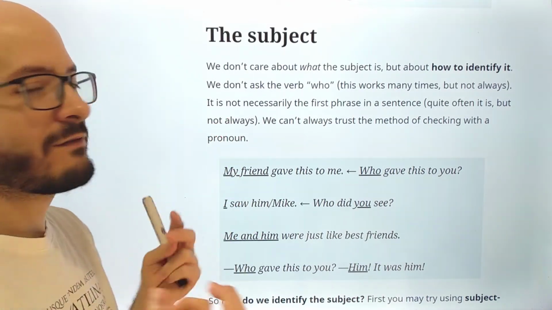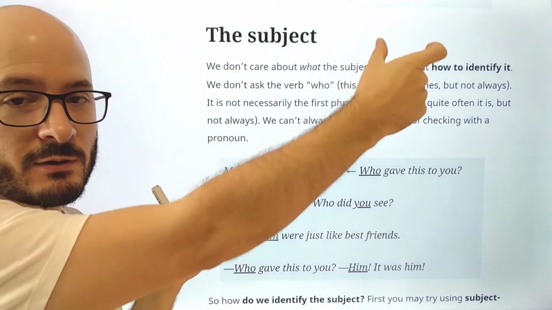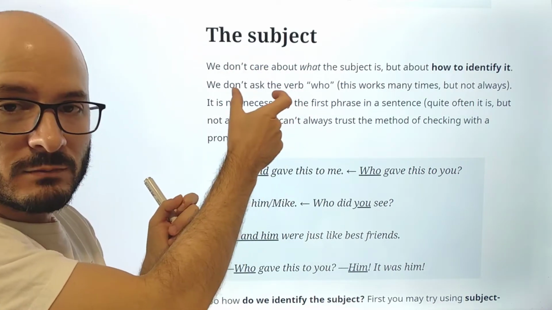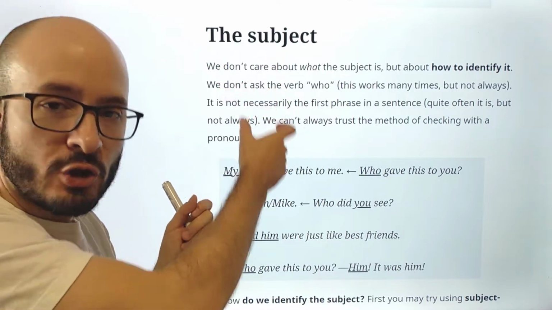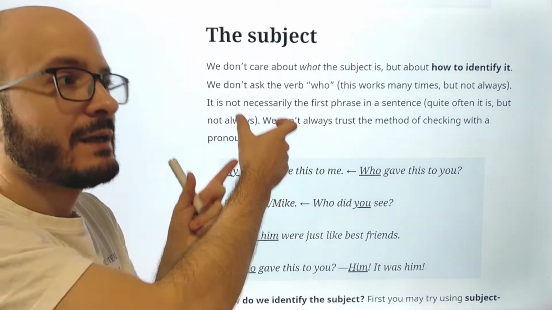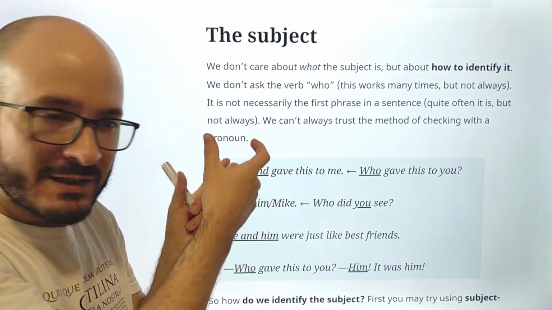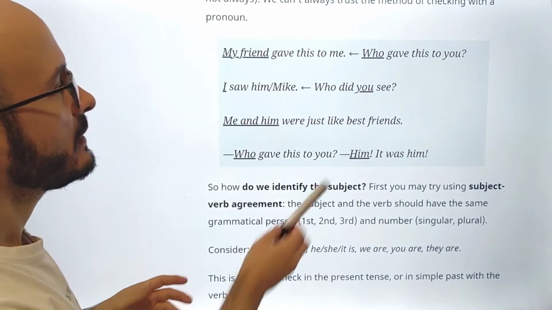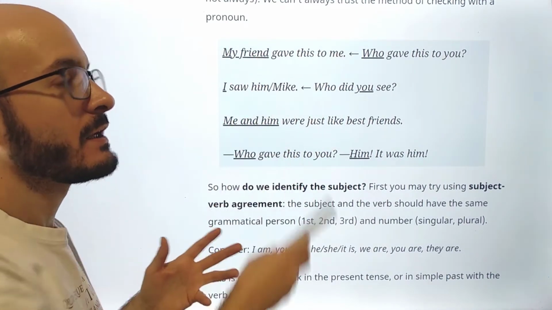For example, John is tall. John, we can exchange it for he. And because he is a subject pronoun, that means that John is the subject. That works in that case, but in many cases it doesn't work. We are going to see. For example, here we have, my friend gave this to me. So my friend is the subject.